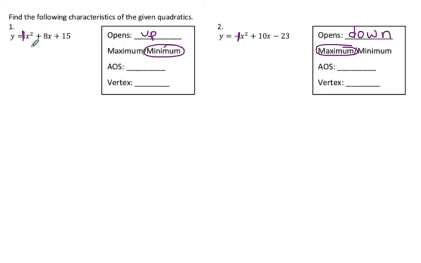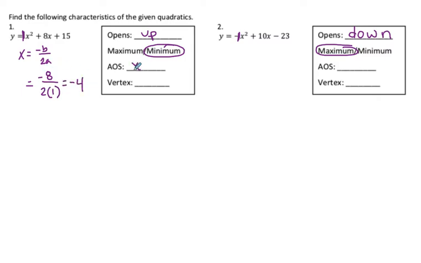The next one says find the axis of symmetry. So that is x equals opposite of b over 2a. So I'm going to plug into opposite of b, so positive 8. The opposite of that would be -8, divided by 2 times my a value, which is 1. So -8 divided by 2 is -4.